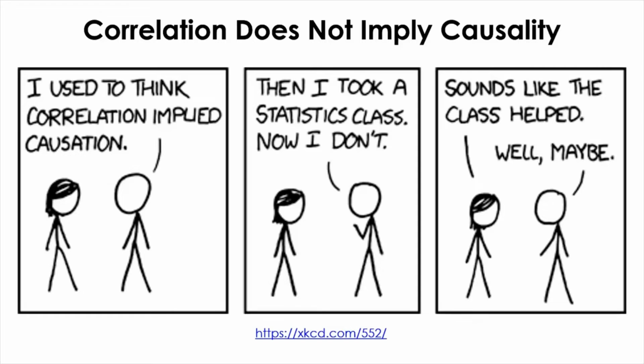For now, just remember that correlation between two variables does not provide sufficient evidence for them to be causally related, even though strong correlation is a necessary condition for a causal relationship.